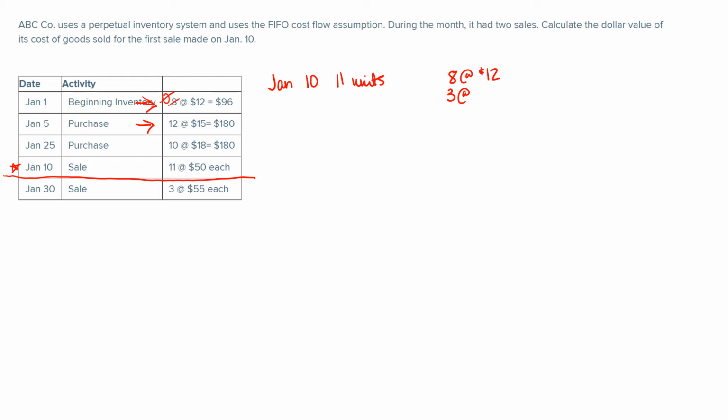We will pull 3 from there at $15, and that will leave 9 at that cost in inventory. So now looking at the total for our cost of goods sold for this January 10th sale, 8 times 12 is $96. 3 times 15 is $45. So the total cost of goods sold will be $141.